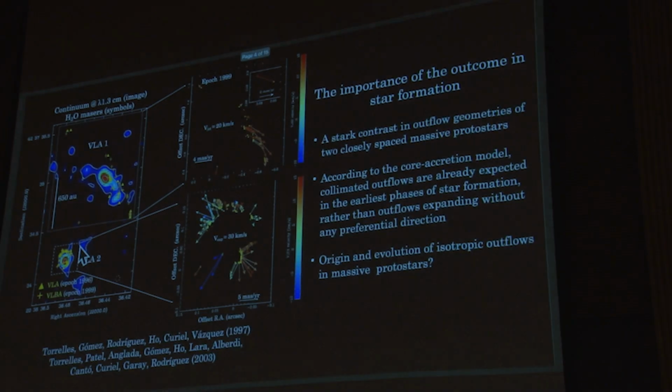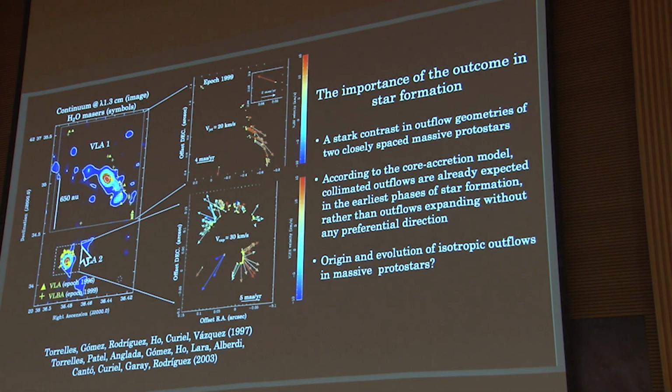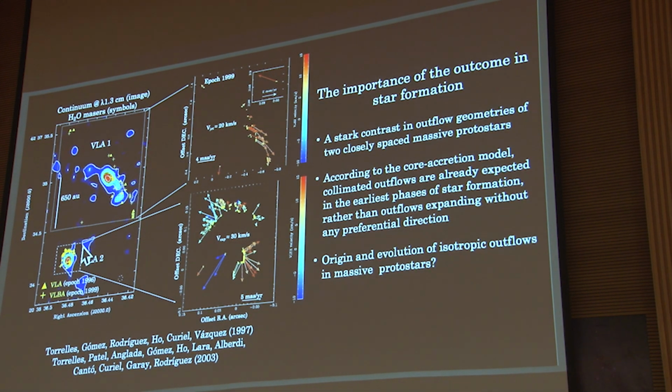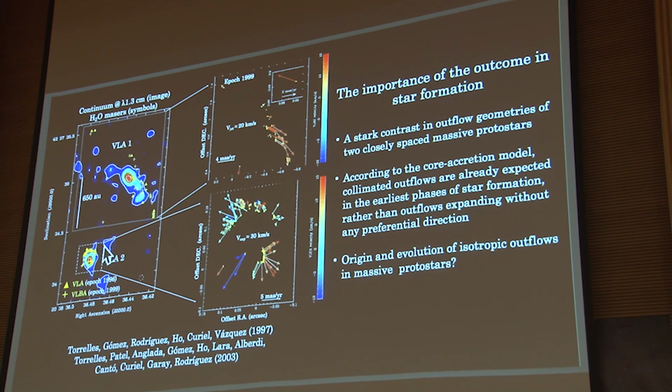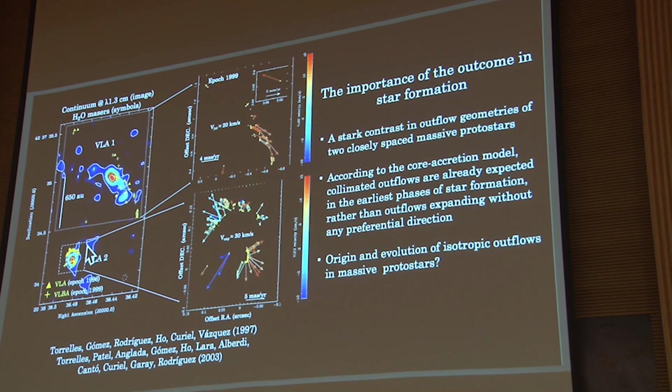The most interesting thing that we found in the late 90s was when we observed this region in water masers using the VLA and the VLBA, and also the continuum emission. So in color is the continuum emission of VLA1 tracing a radio jet elongated in this direction.